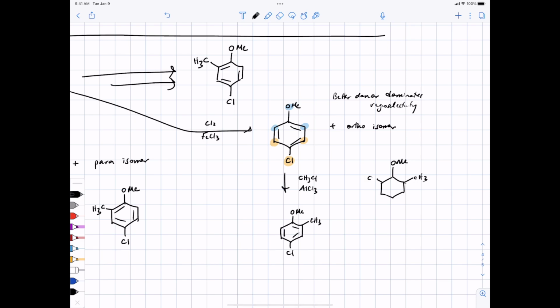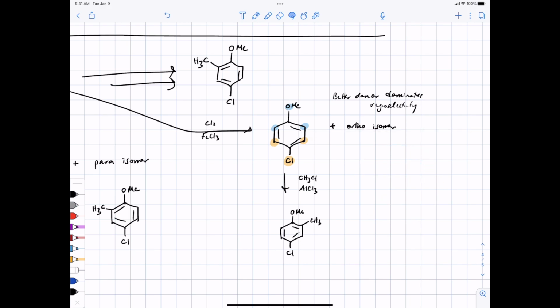Or not even could you, wouldn't it automatically make that if you were to do these steps? If you separated out the ortho isomer and just did the reaction on this one, then no. Oh, okay. There are some subtleties that you probably don't need to know that I think we're not going to worry about.